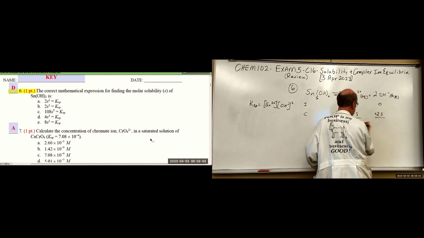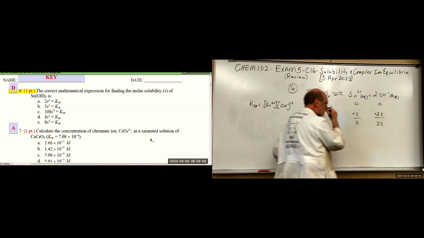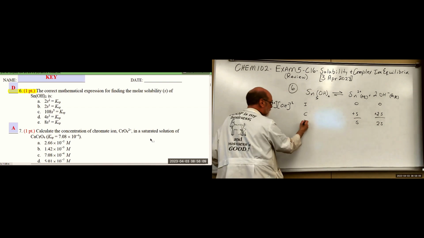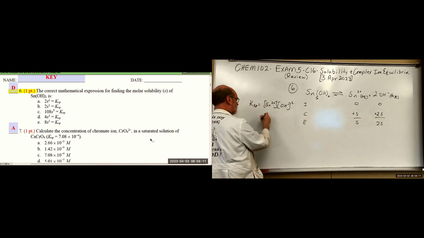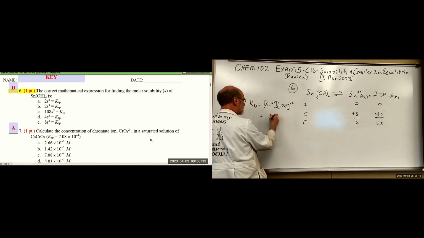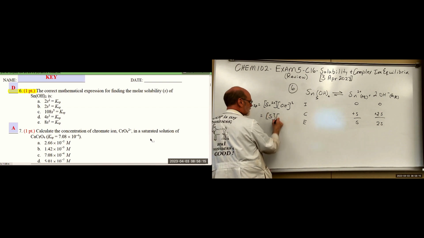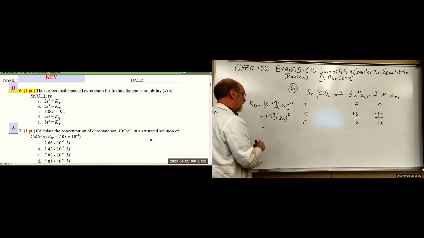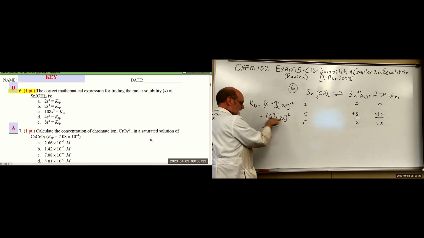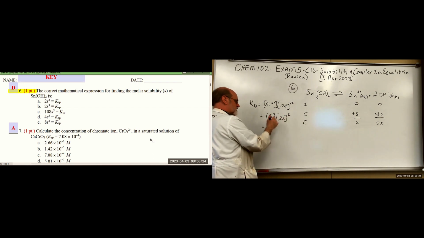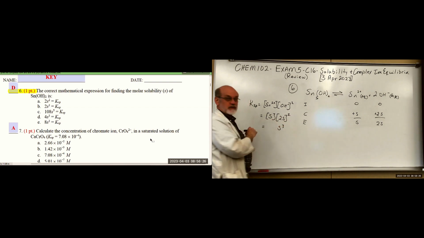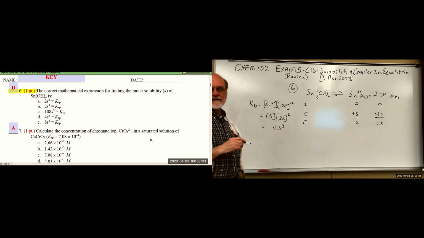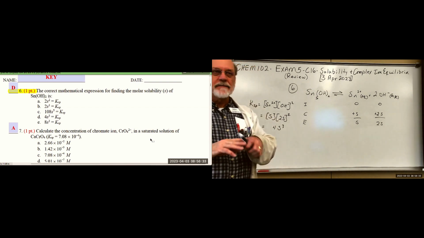Right? So at equilibrium, you have those values. So we plug those in here because this is equilibrium. Okay? So we get S, and here we get 2S, and this term is squared. And so S squared times S is S cubed, and this is 4S cubed. Okay.